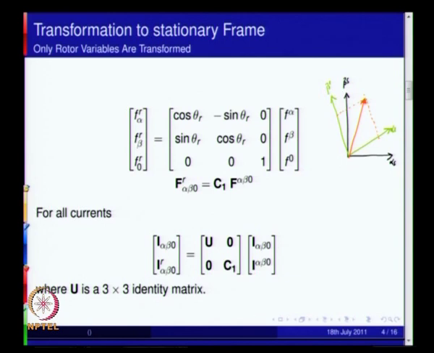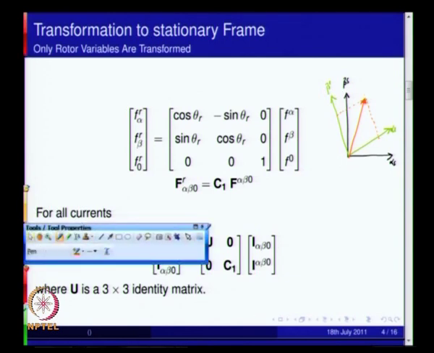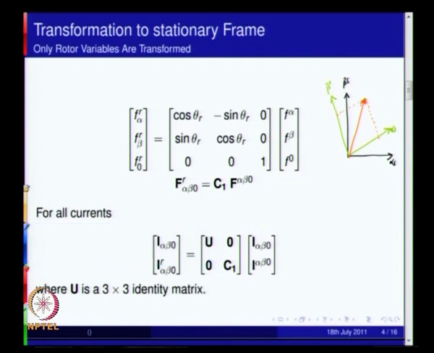Now instead what we are doing is we are converting it to MMF components that lie on the stator. So we are referring to this component and this component. So you have an Fr alpha here and then you have Fr beta here.